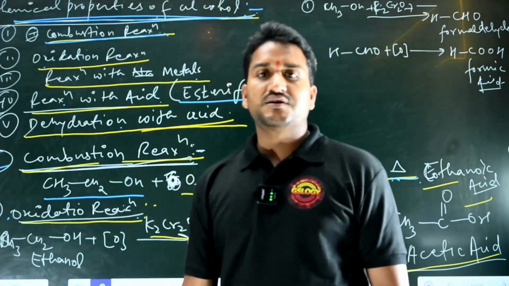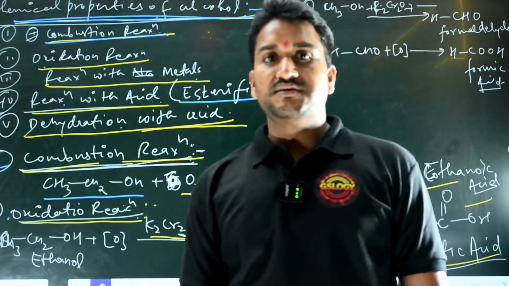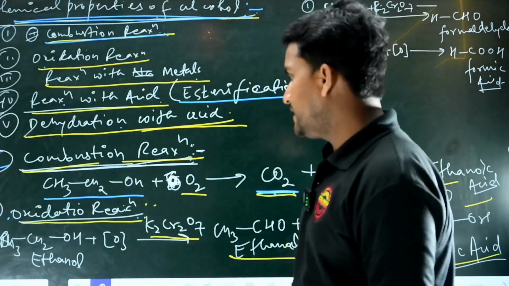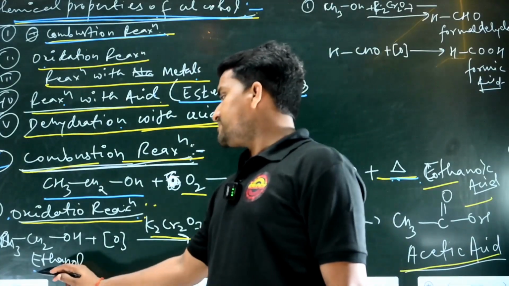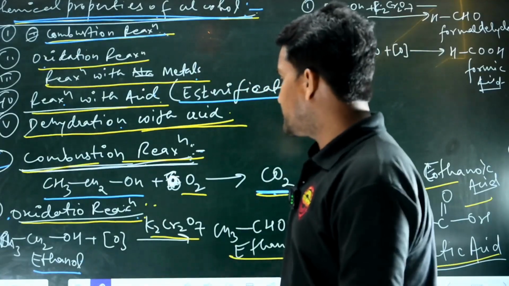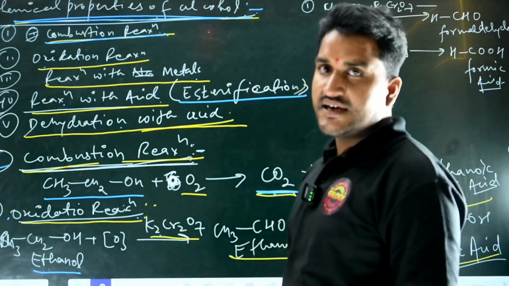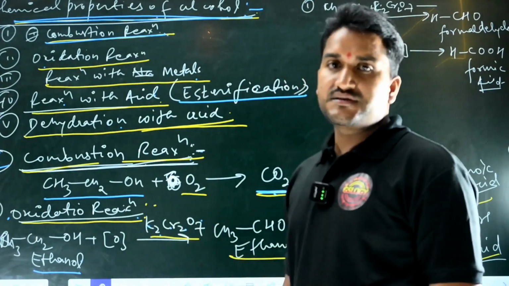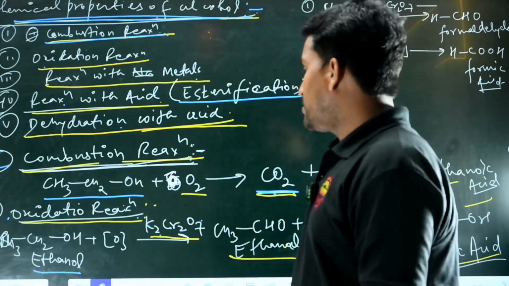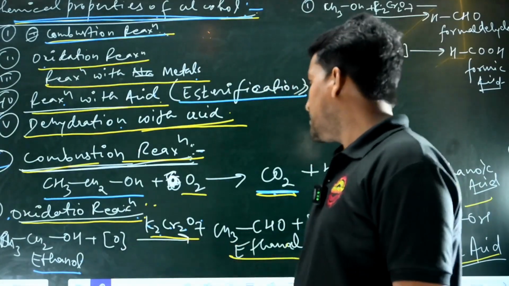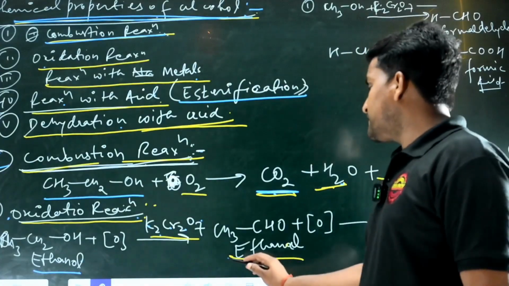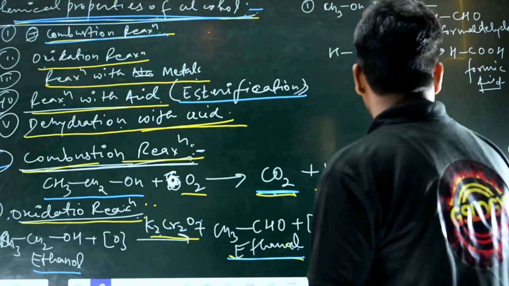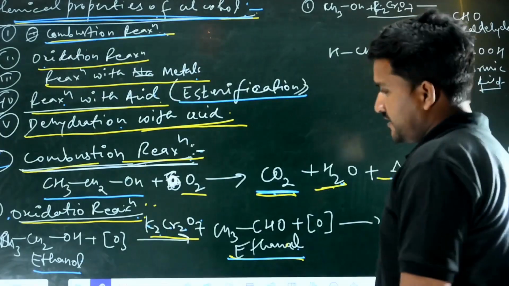And the second, the oxidation reaction. You know very well, oxidation means addition of oxygen and removal of hydrogen. On oxidation of ethanol in the presence of a strong oxidizing agent, K2Cr2O7, it is first converted into ethanal, and further ethanal is converted into acetic acid.